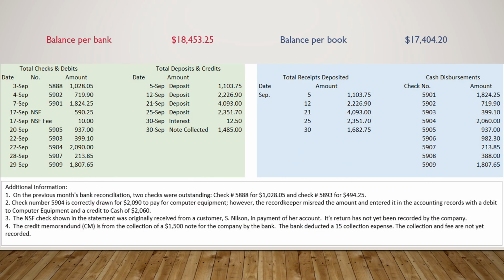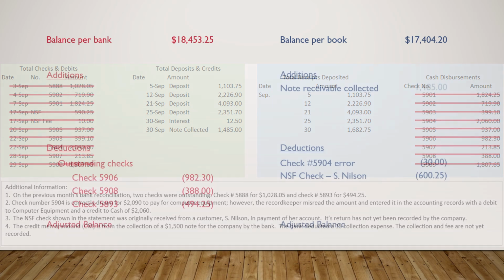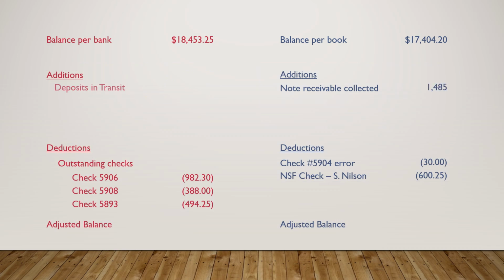If you've been keeping track, we've basically explained all of our disbursements. So we can now focus on our deposits. Specifically, we need to add our deposits in transit to the bank side of the reconciliation.